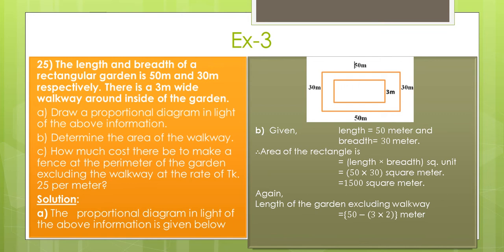As you can see 50 meter, 2 sides of length, that's why we multiply 3 by 2. So 50 minus 6, that is 44 meter, which is the length of the garden excluding walkway.